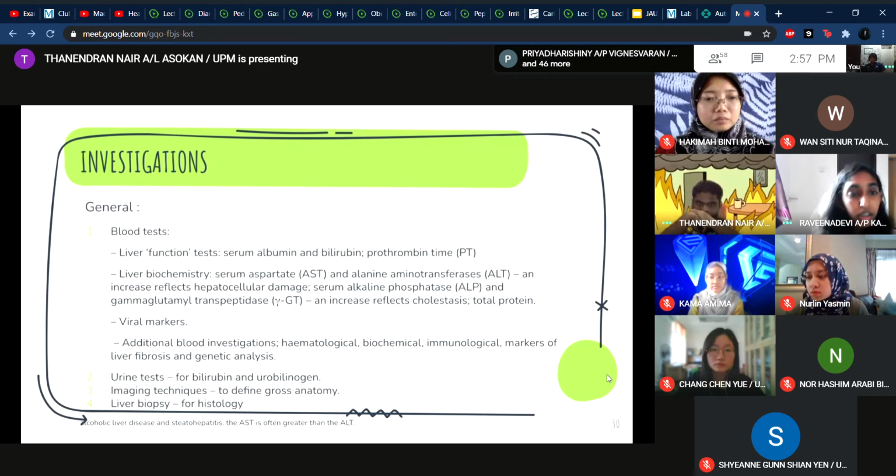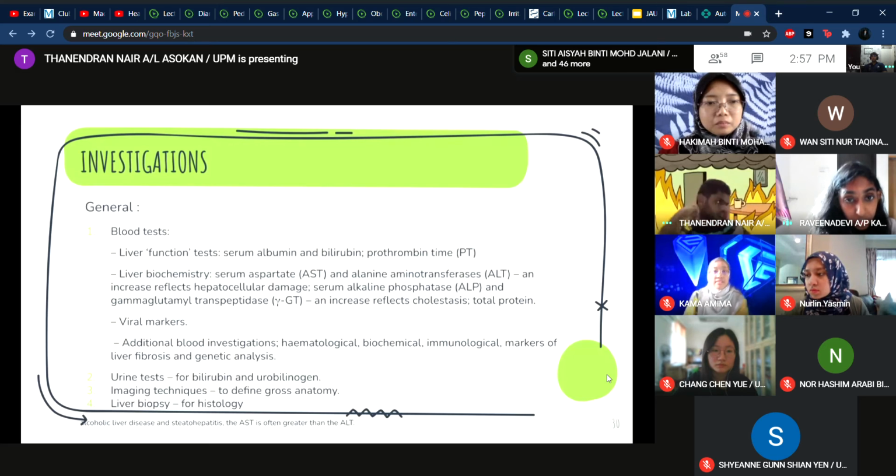Other than that, for liver biochemistry, you can look at serum aspartate aminotransferase and alanine aminotransferase, ALT, levels. An increase in these two, AST and ALT, reflects hepatocellular damage. And for serum alkaline phosphatase, ALP, and GGT, an increase in ALP and GGT reflects cholestasis.